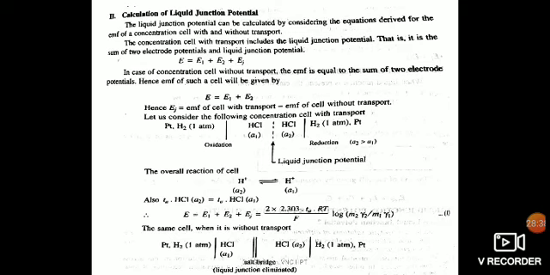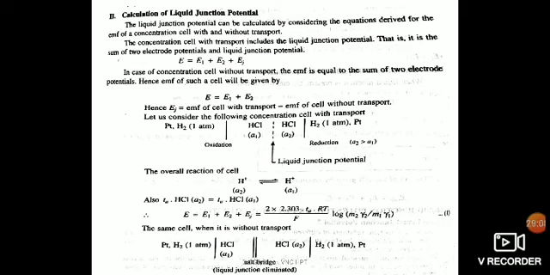In the case of a concentration cell without transport, the EMF is equal to the sum of the two electrode potentials. Hence, the EMF of such a cell will be given by E equals E1 plus E2. Here, there is no liquid junction potential, therefore there is no Ej. Hence, Ej equals the EMF of the cell with transport minus the EMF of the cell without transport.